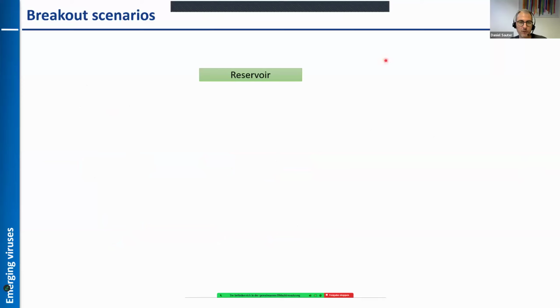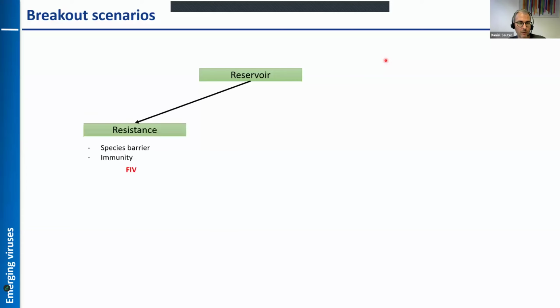And because of the species barrier, there are actually also different scenarios of the ultimate fate of a cross-species transmission. So let's just go through a few examples. So let's say there's a reservoir species and a virus is transmitted from this reservoir to humans. And what actually happens in most of the cases is that the human host is resistant to this infection.